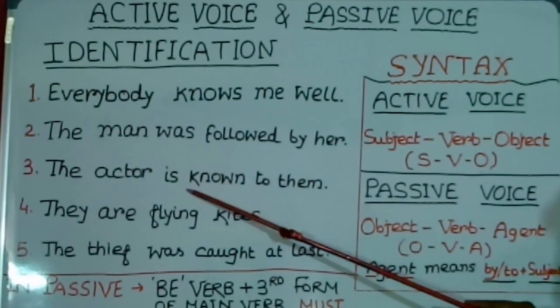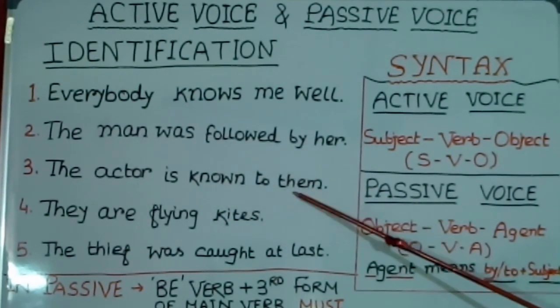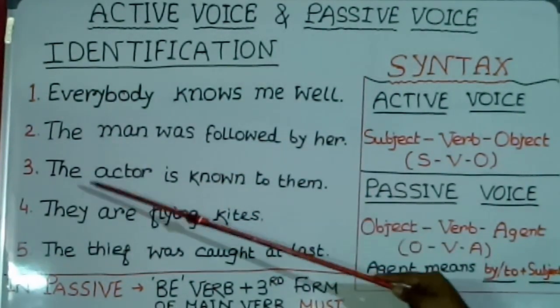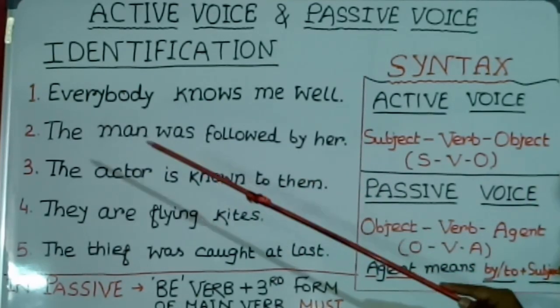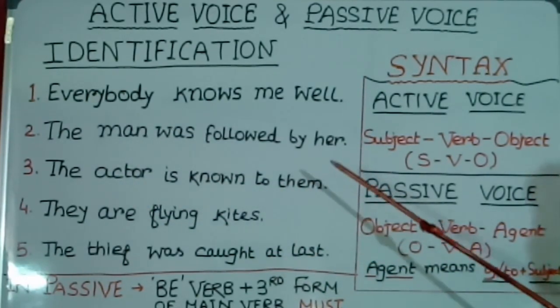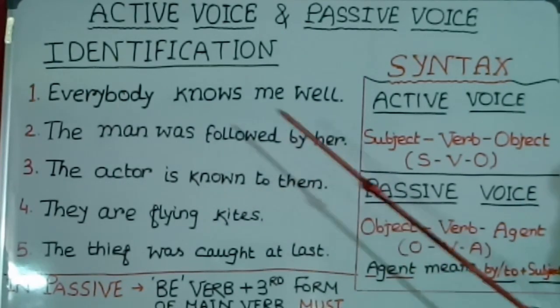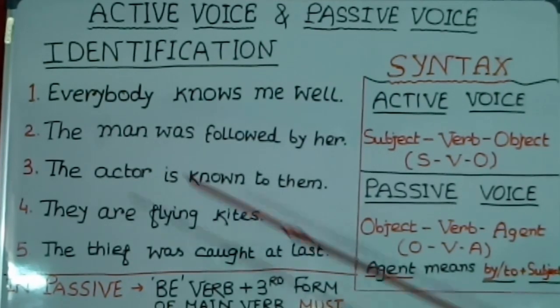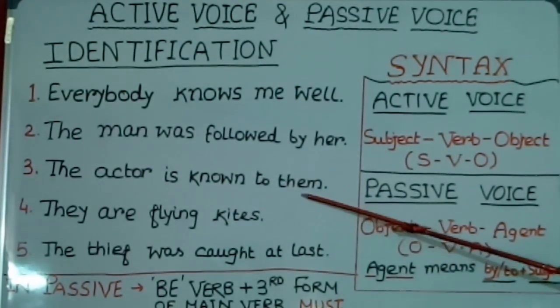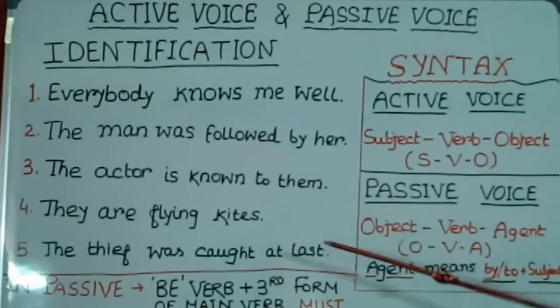So you can see the verb present, then the agent, and before it the object. If you ask whom do they know, they know the actor. So actor is the object over here. So object, verb and agent: the sentence is written in passive voice.